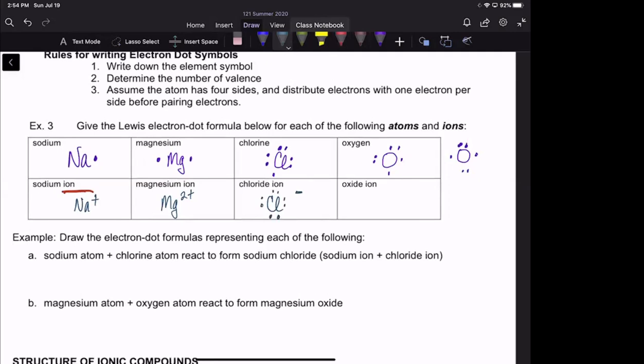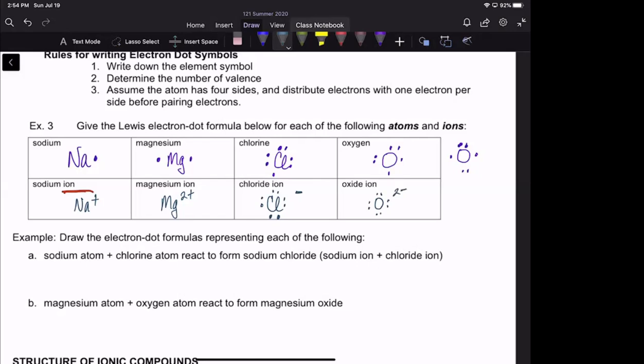So you can see easily that the octet rule is fulfilled. It's got 8 electrons around it. With oxygen, it's in group 6. It's going to gain 2 electrons to form an overall charge of 2-, and it too completes the octet rule.